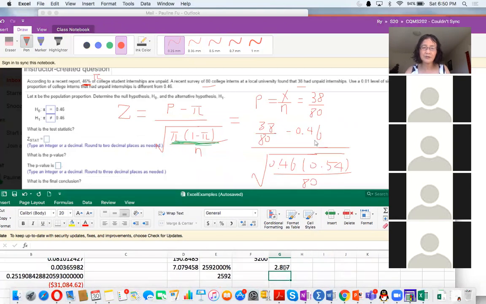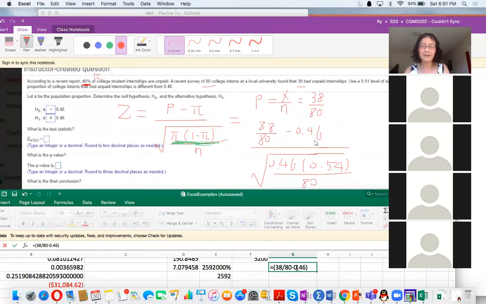I will use this cell to do the calculation. So on the numerator, it is bracket 38 divided by 80 minus 0.46, okay, divided by the square root of 0.46 multiplied by 0.54 divided by 80, closing bracket, okay.